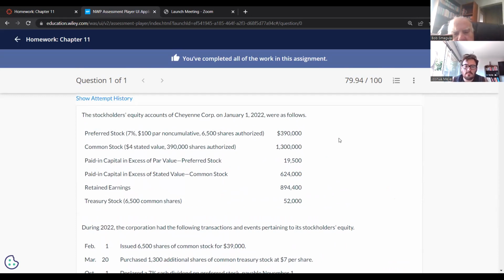Now on this one here, I think they wanted you to do a lot of arithmetic. They don't give you the total here. You got your calculator handy? Yep. Let's add these numbers up, except for the treasury stock, which you're going to decrease. 390 plus the 1,000,003. Let me do it on my phone too.